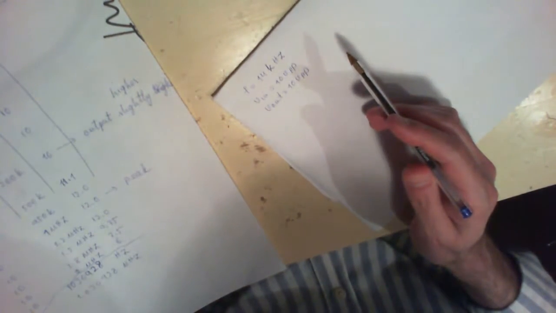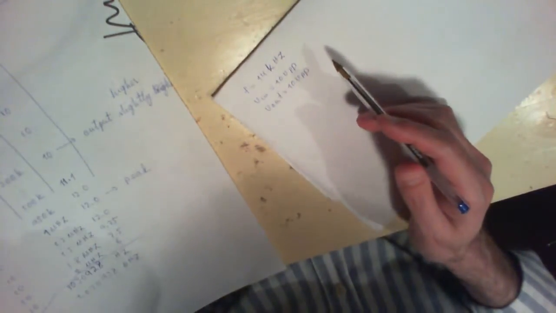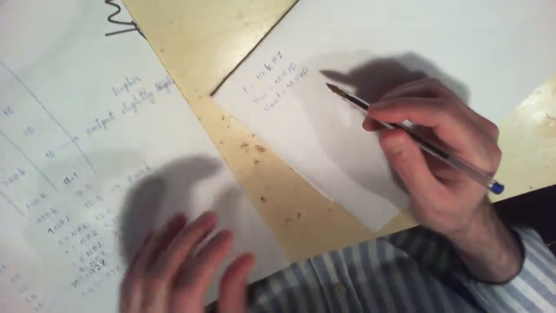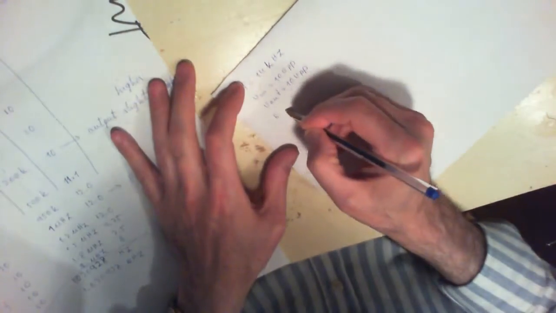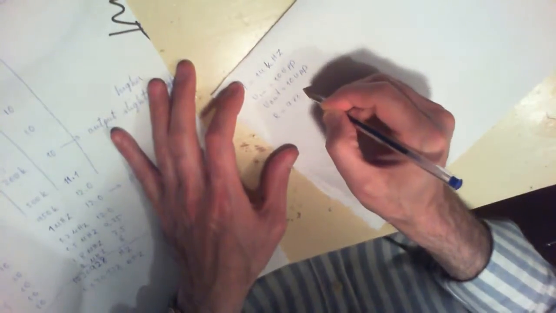Okay, so 10 volts peak to peak, and the value of the resistor that I had was 988 ohm. R is equal to 988 ohm.